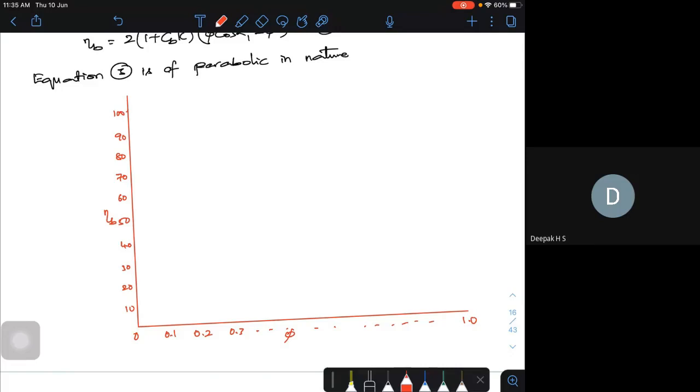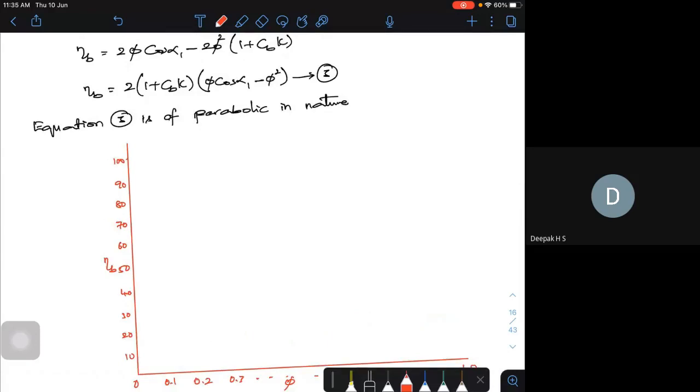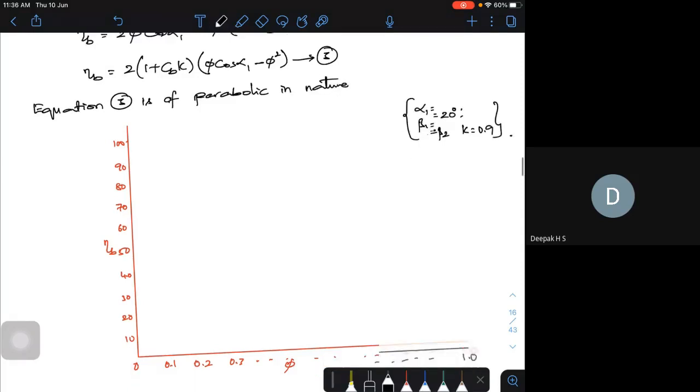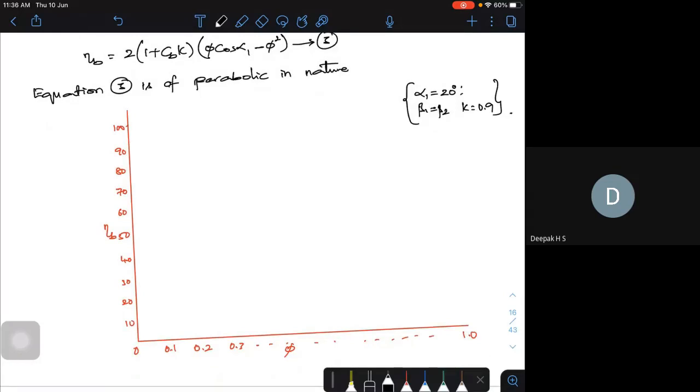If we do all those things, what you can do is, for any given value of alpha, say for example alpha is equal to 20 degrees, depending upon your beta, whether you take beta 1 is equal to beta 2, or beta 2 is some 0.9 times of this thing, some k is equal to some value, for this, if you try to plot a curve, I should be able to get a curve of this nature.